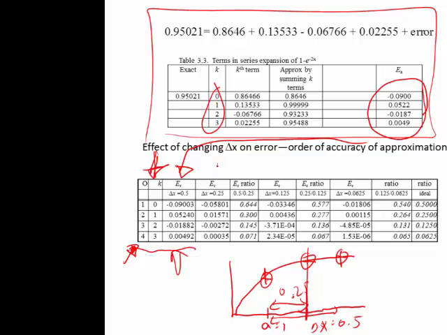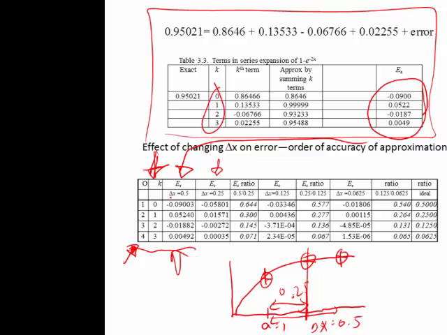Okay, so here it is, and I do the approximation, and then I compare the results to the exact value. So I cut delta x in half. I should be able to do better now because I don't have to extrapolate as far. I don't have to extrapolate half the distance. Okay, so here's what you get.